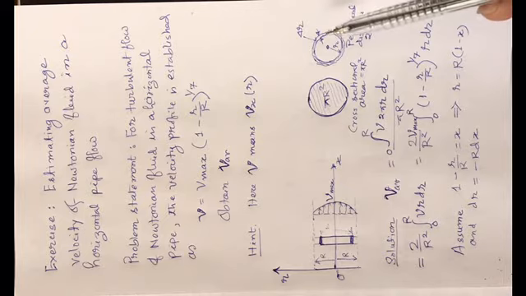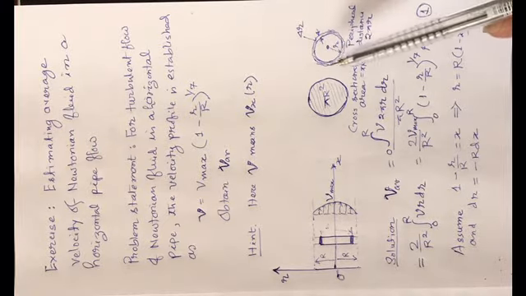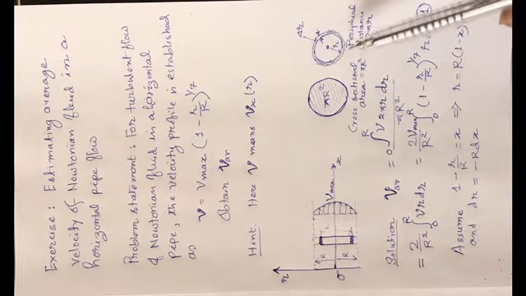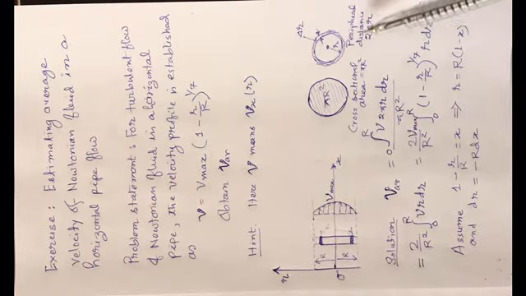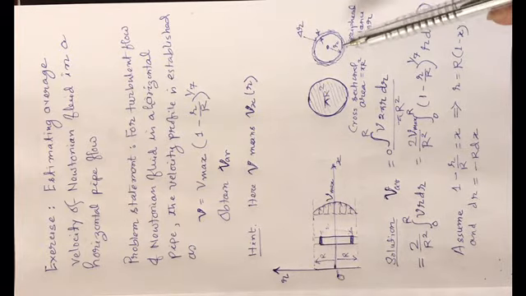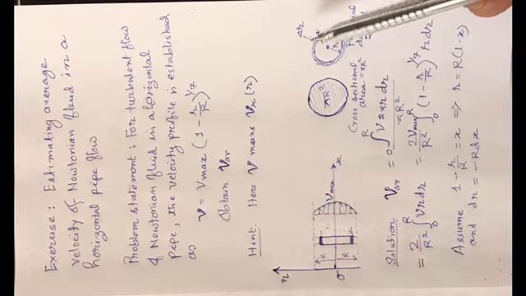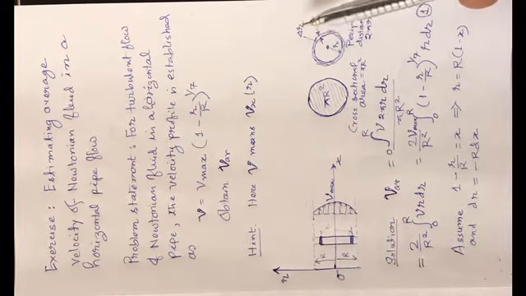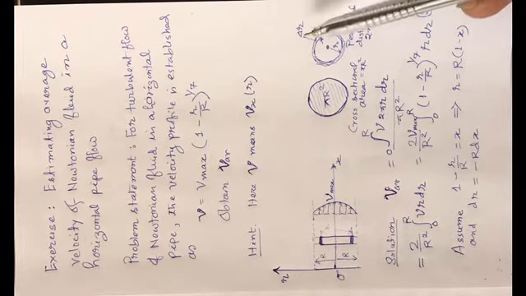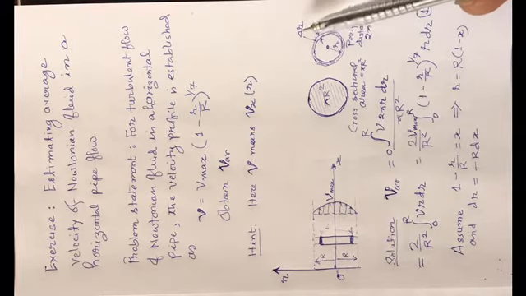Velocity here is given already, and the cross sectional area for this strip will be the periphery of this ring, which is 2 pi r, multiplied by its width, which we write as delta r.